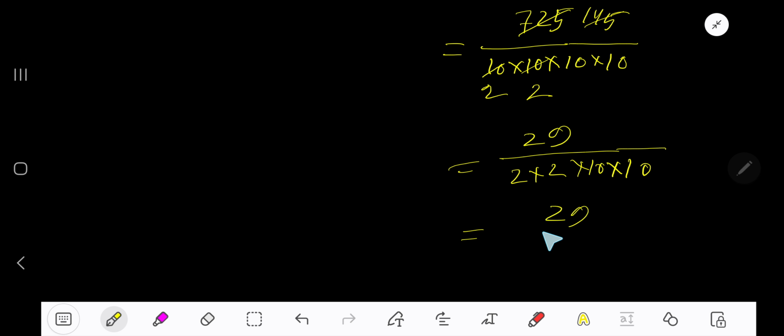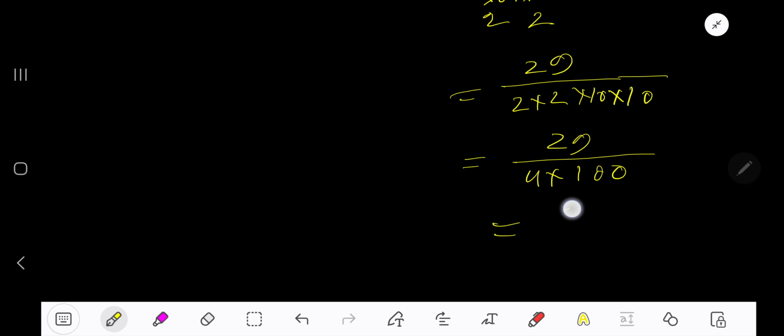So 29, 2 times 2 is 4, times 10 times 10, what? 1, then add 2 zeros. So 29 over 4 times 100, that is 400.